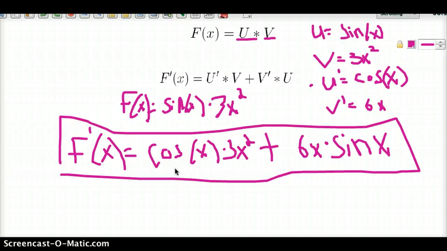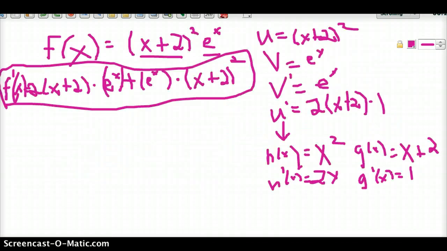And in the second example, we saw that you can make a term a compound function. So even though x plus 2 squared is a nested or compound function multiplied by e to the x, we can still call one term that nested function, and then we just need to use the chain rule to take the derivative.